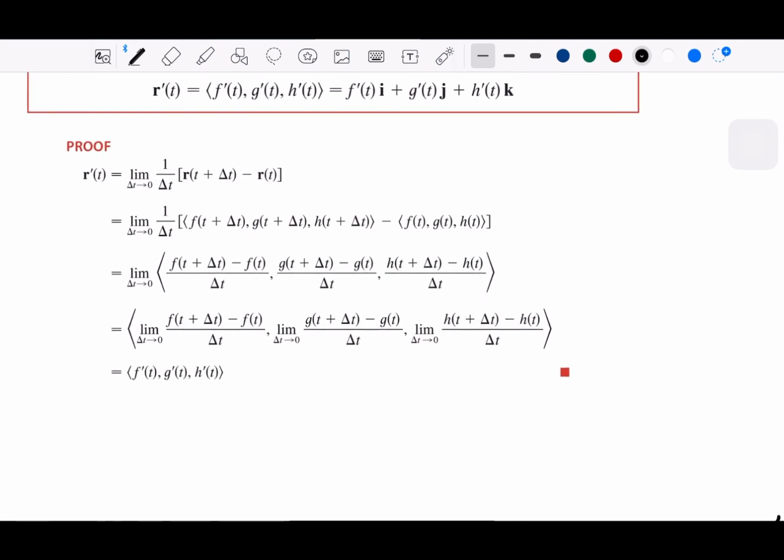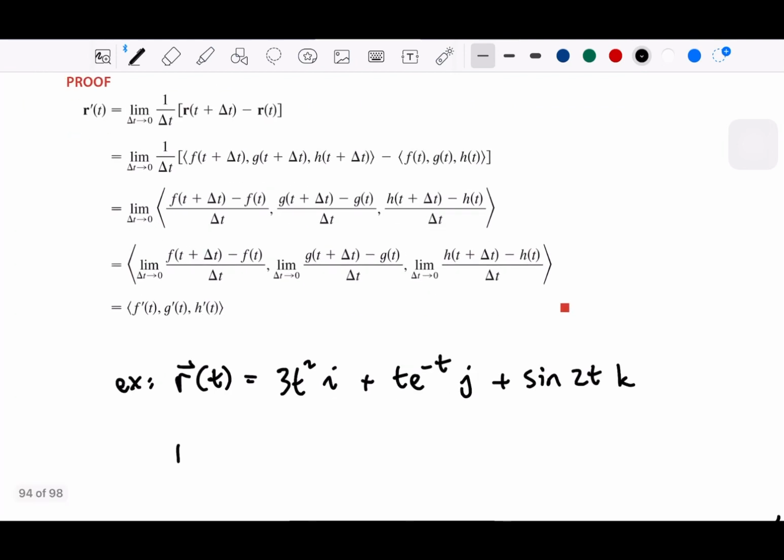So for example, if you have R is 3t squared i plus t e to the minus t j plus sine 2t k, and you want to know the derivative, basically we are going to take the derivative of each part of the components. So take the derivative for this i, for the x-axis, this will be 6t, right?